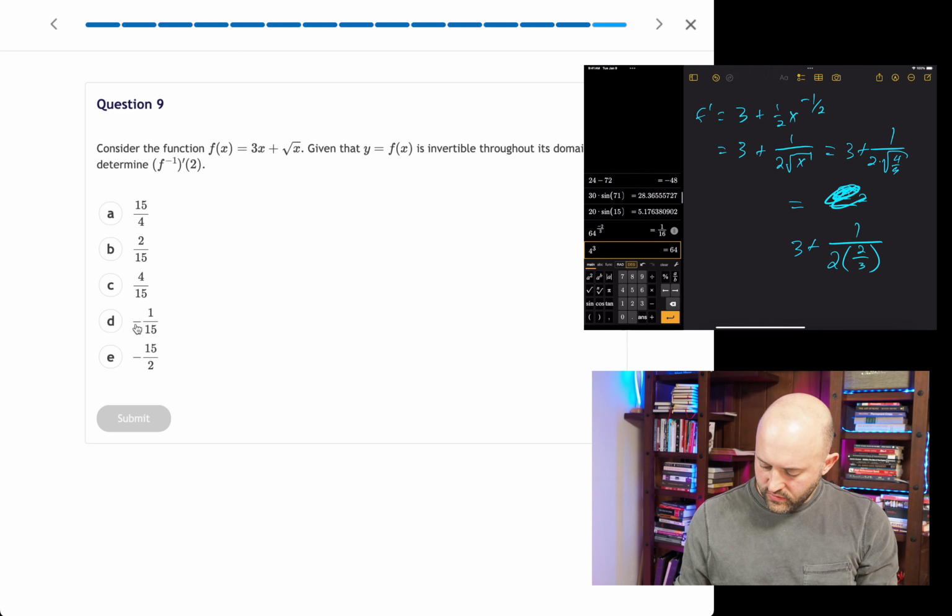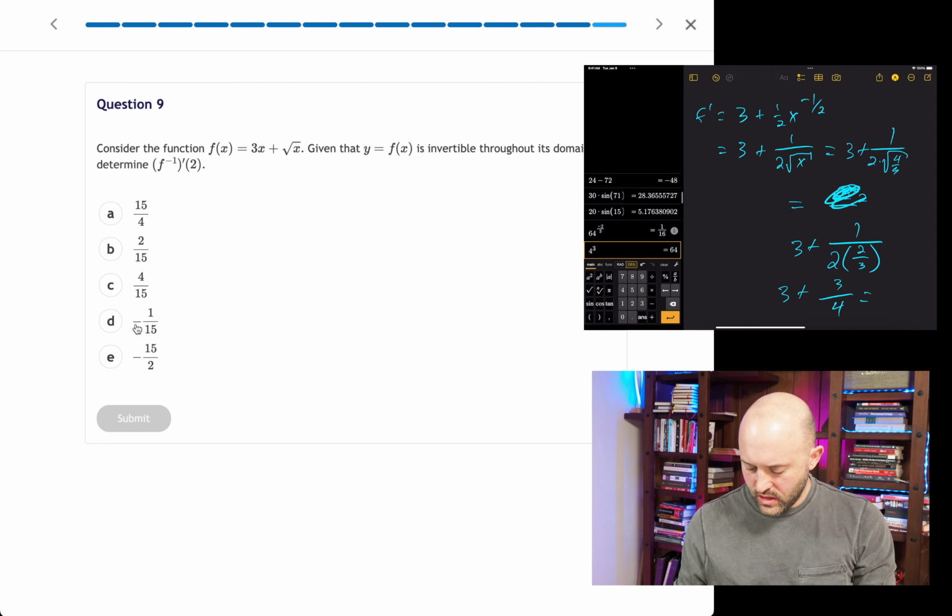So this would be 4, so 3 plus 3 on 4. 3 3/4, which would be 12/4 plus 3/4 is 15/4.